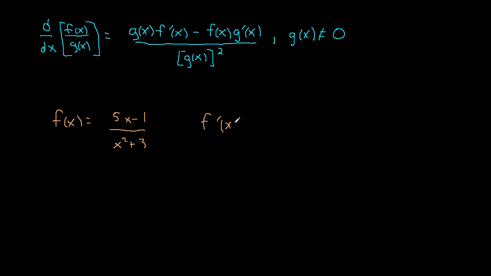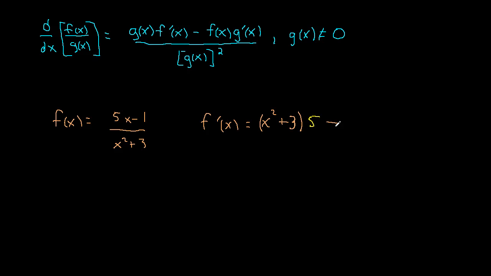Well, the quotient rule says take my denominator and just write it down, so I get x squared plus 3. Then we're going to multiply by the derivative of my numerator. What's the derivative of 5x minus 1? It's just 5.